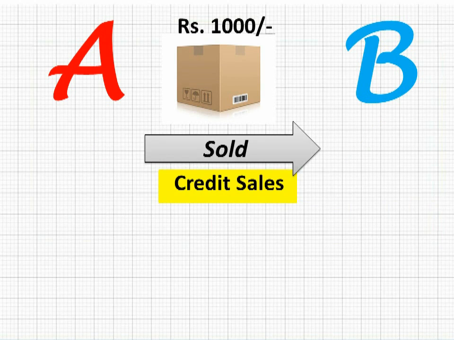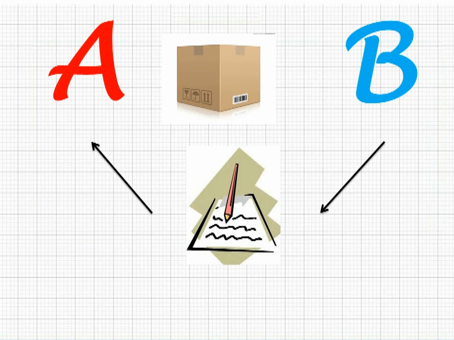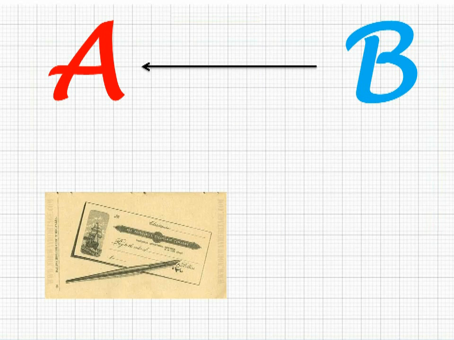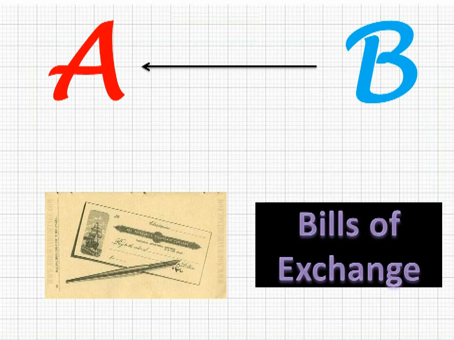And B gives promise in writing, means B gives bill to A. A has received promise and B has given promise. And this promise in writing is called bill of exchange. It means A has received the bill and B has given the bill. In short form, bill means bill of exchange.